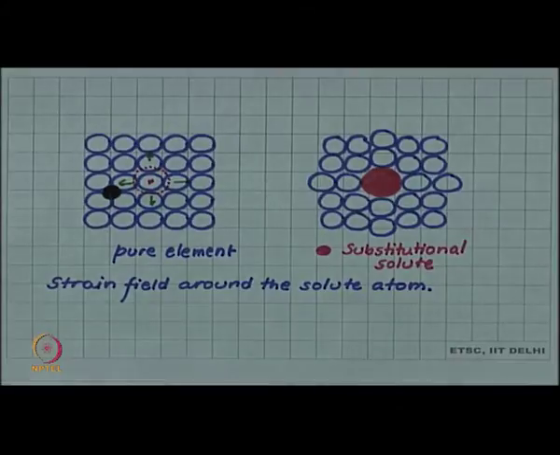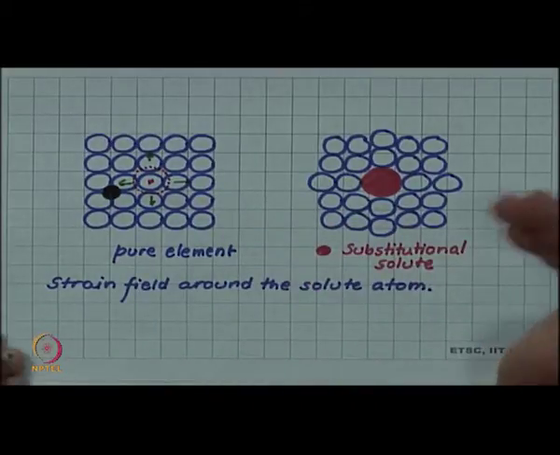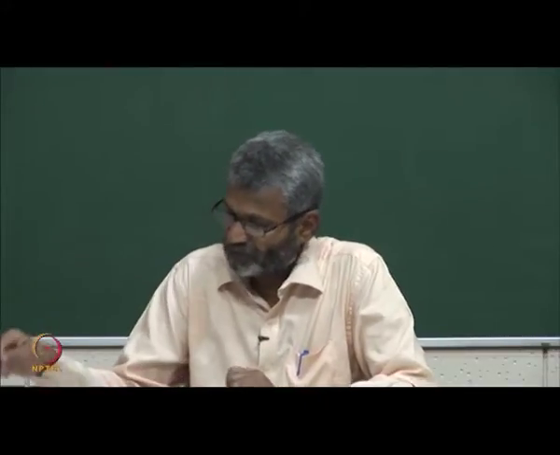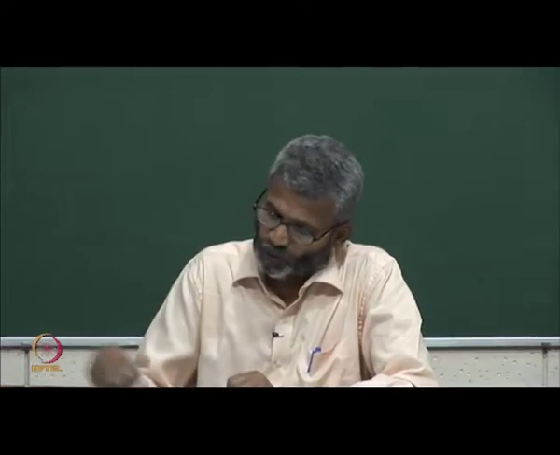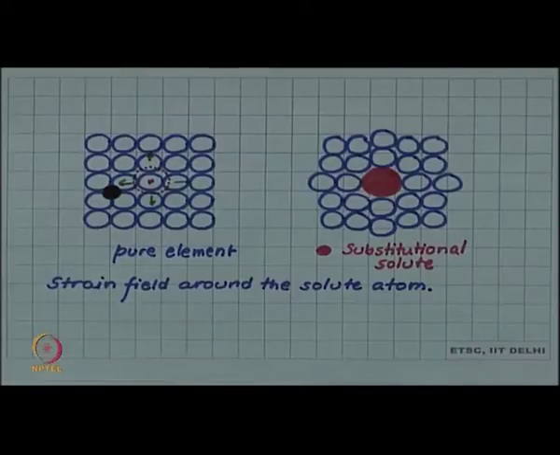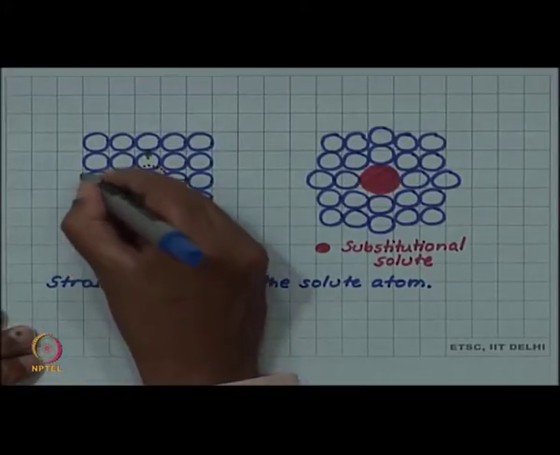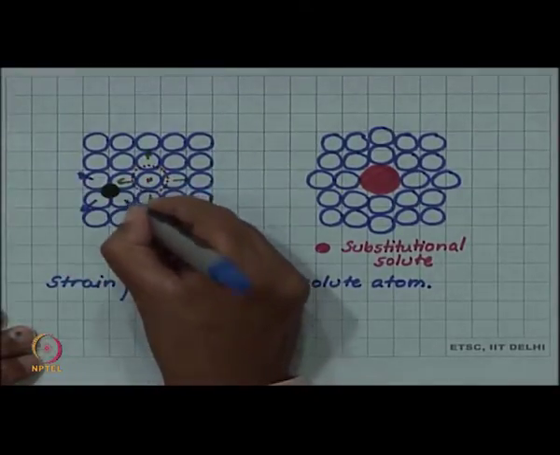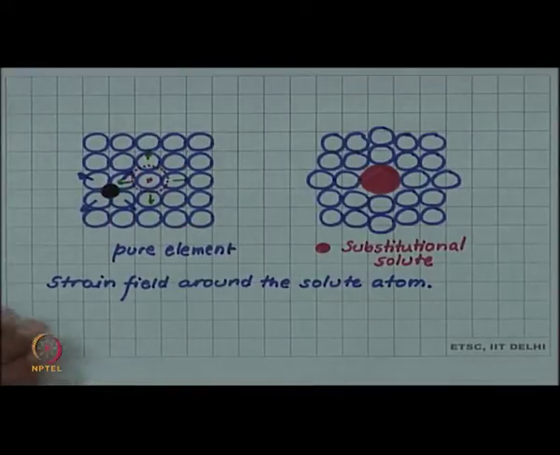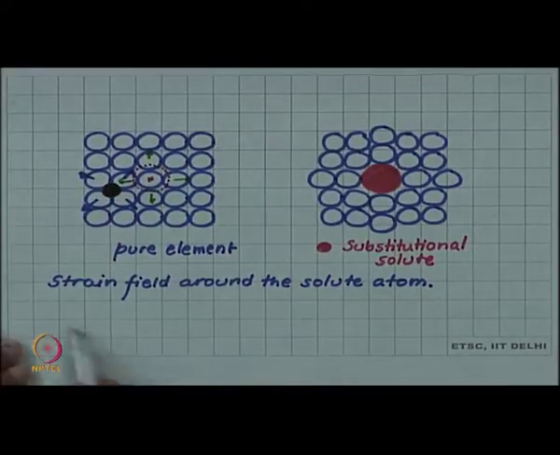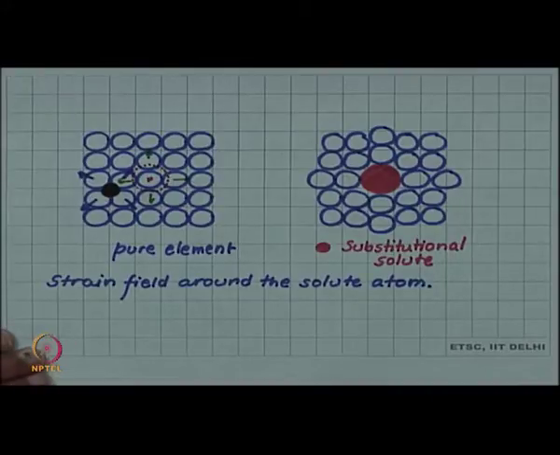Every void, tetrahedral or octahedral, can accommodate a certain maximum size of atom. If the size is larger than that, then to accommodate that interstitial solute, these atoms have to move out to create room for it, and there will be a strain field around it. So, there is always a strain field around the solute atom.